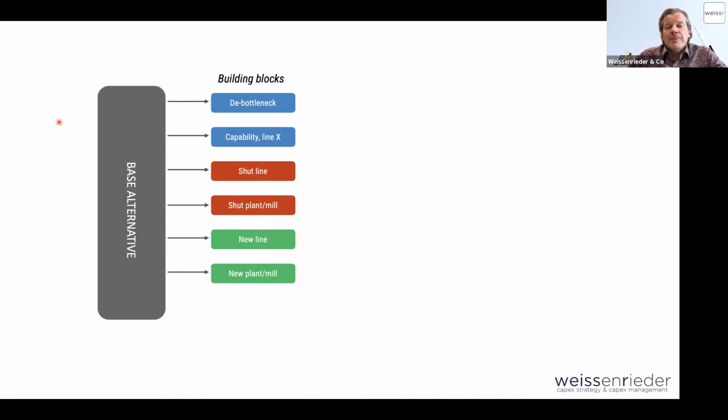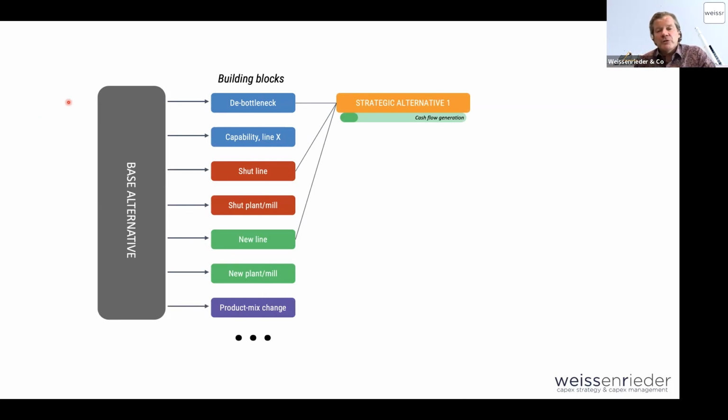Then what you do is that you start combining these building blocks into what we call strategic alternatives or strategic combinations. For instance, you shut a line and you build a line somewhere else, and you debottleneck a third line.